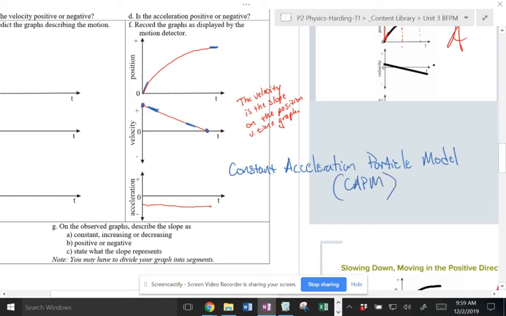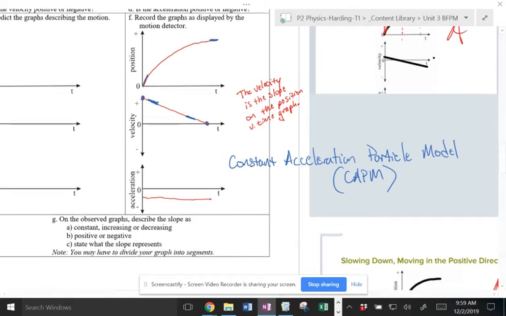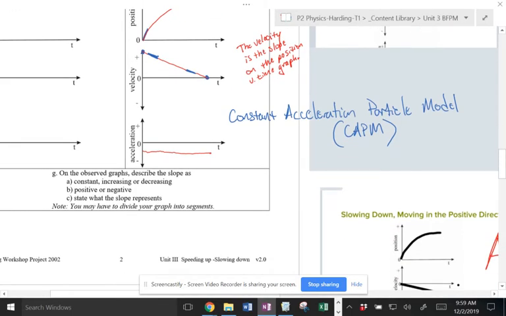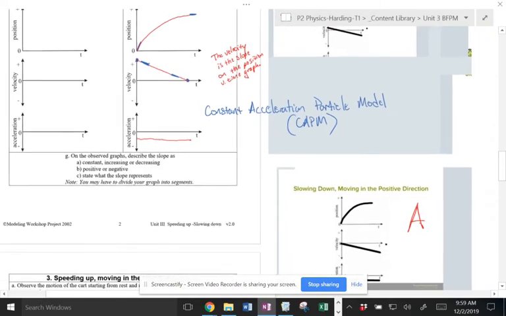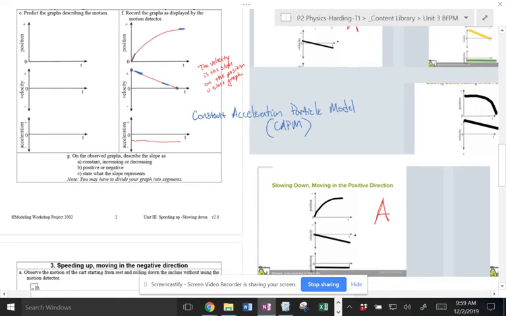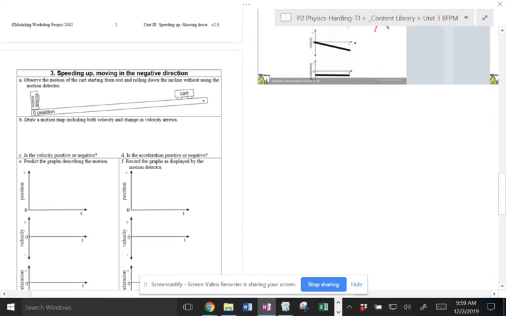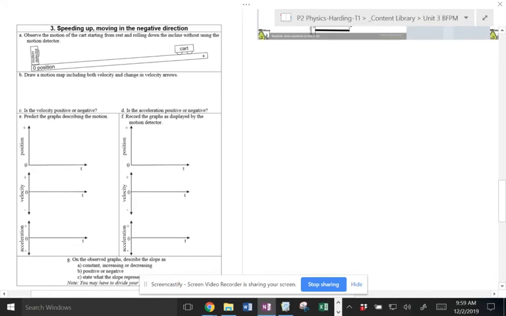That's what we're talking about here. So we went through what the graph shapes would look like for that stuff. All right. So that gets us up to speed with where we're going next.